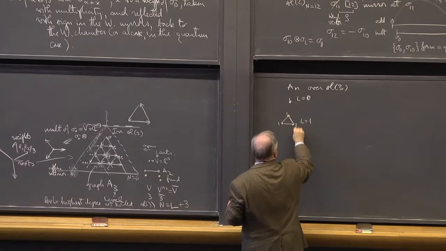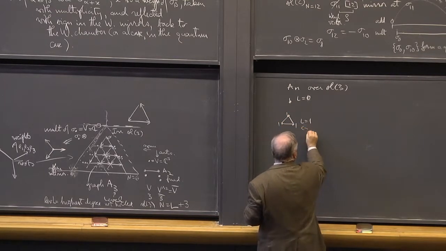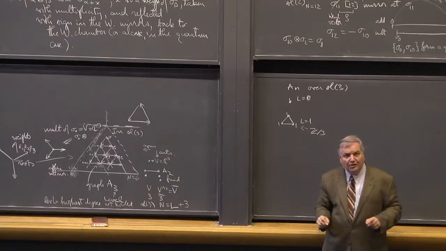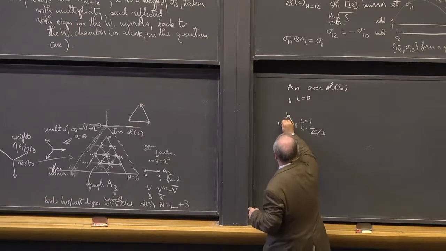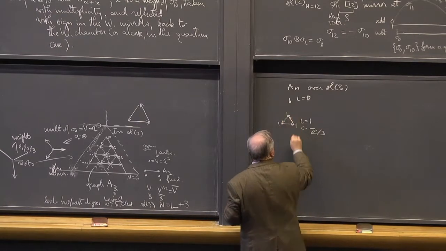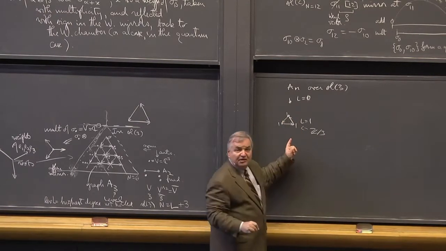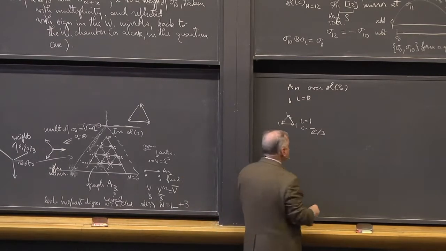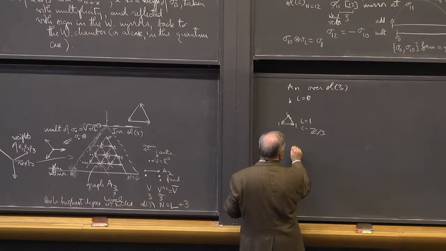Here the dimensions are 1, 1, 1, and this is a group Z mod 3 at level 1 by tensoring, as you can see very easily by the graph.